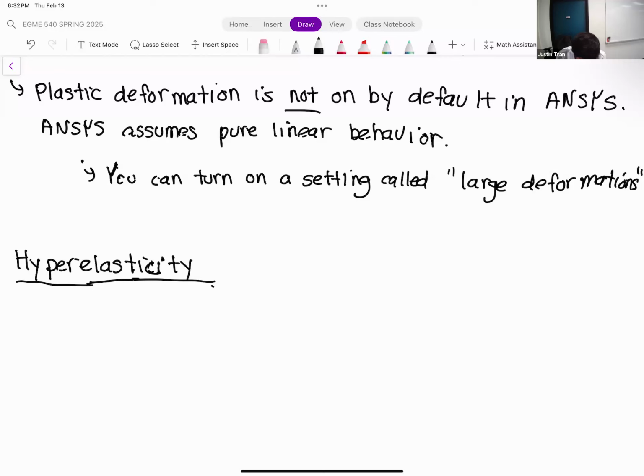So the way most people learn about elastic behavior, strength of materials, is based on the linear frame. So basically everything that we covered up to now.